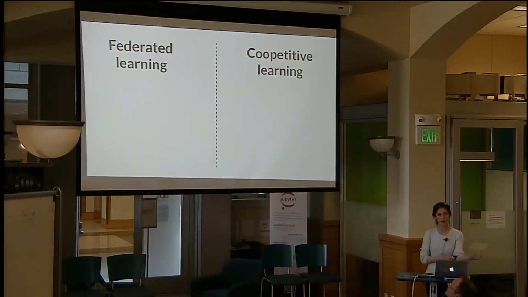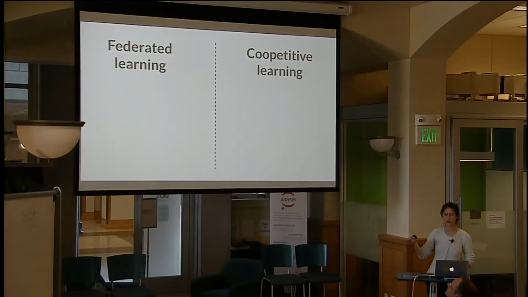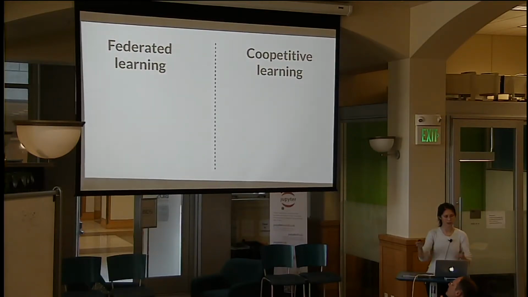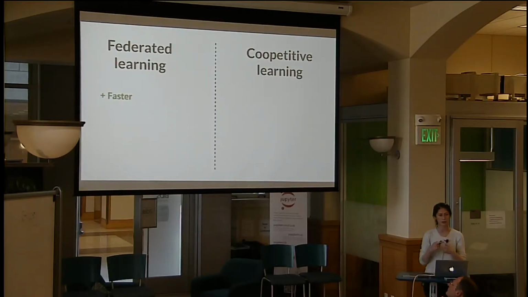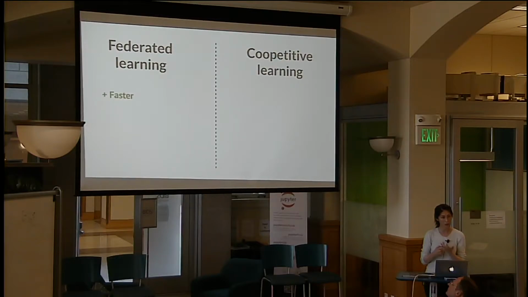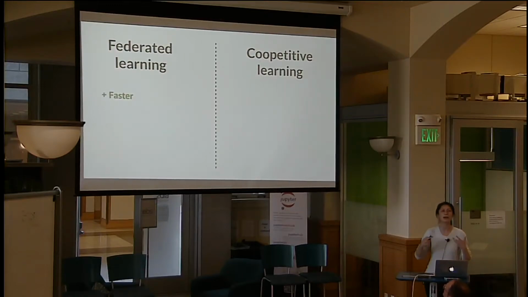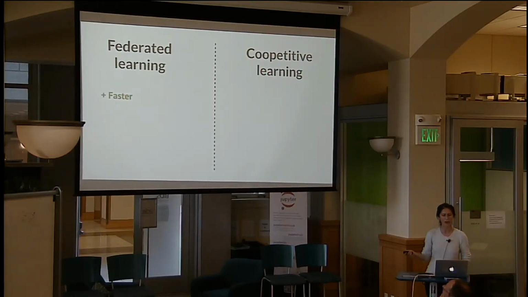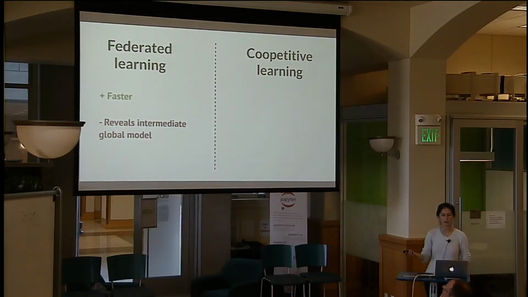So the two paradigms are somewhat different. In comparing the two for use cases: federated learning is faster, because you're revealing the intermediate global model to the parties in plain text so that they can apply their local updates in plain text as well. The minus is that it's less secure, because it does reveal the intermediate global model.